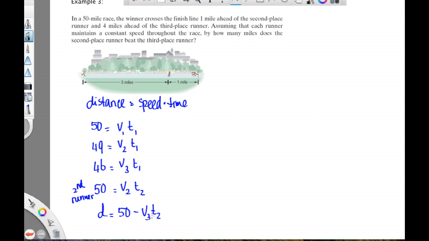So how do we do that? Well, let's start looking at this one. This is why I cheated and looked in the book a little to get an idea. So I'm going to start with that one, and I'm going to multiply that by t1 over t1. That would give me 50 minus v3 times t1, and then times t2 over t1.